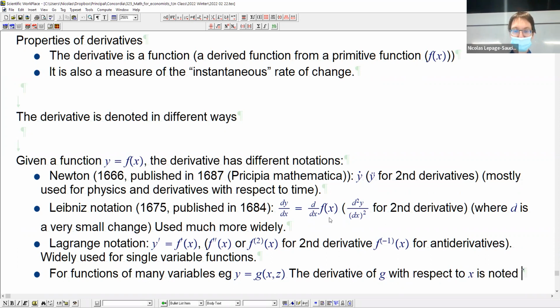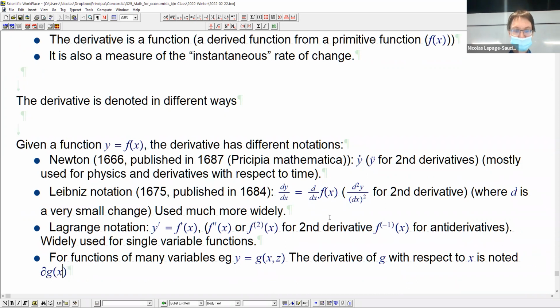You can write it partial g of x over partial x, or you can write it g_x of x. In that case, we have identified that we use x as the first argument, or we can also write it g_1.